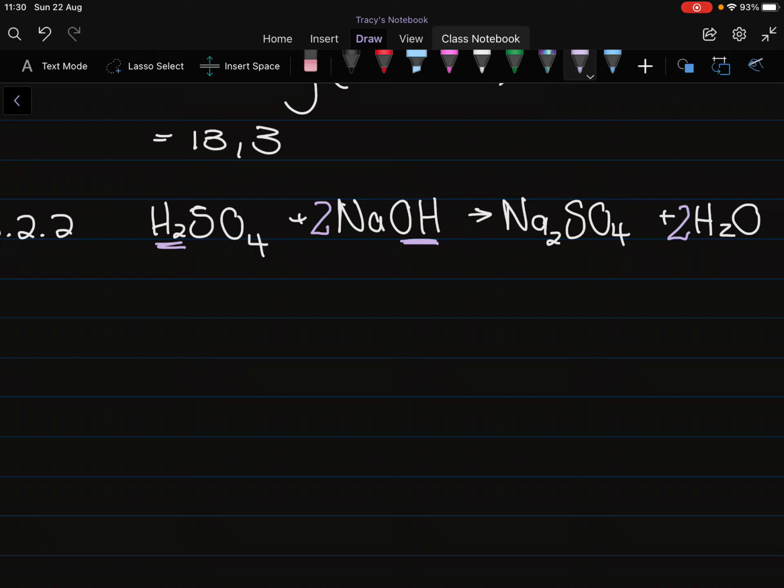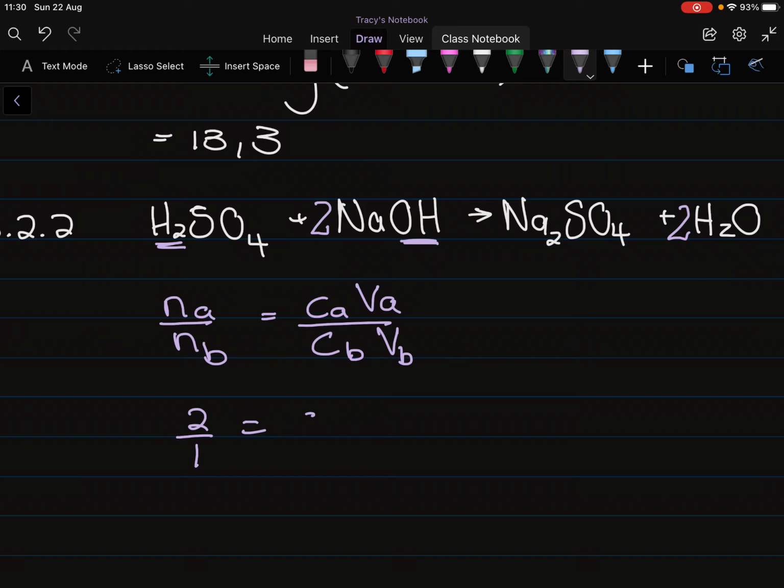I know the concentration of the base, I know the volume of the base we used, I know the volume of the acid. That means I can use Ca Va over Cb Vb equals Na over Nb. So this is going to be 2 over 1.